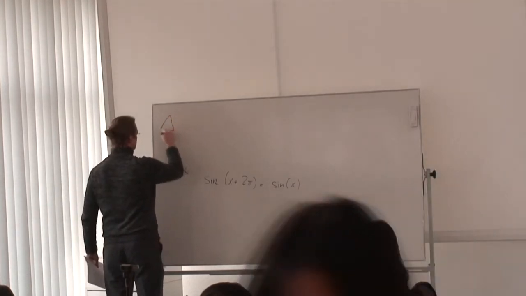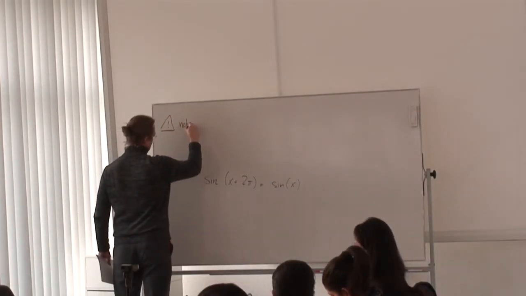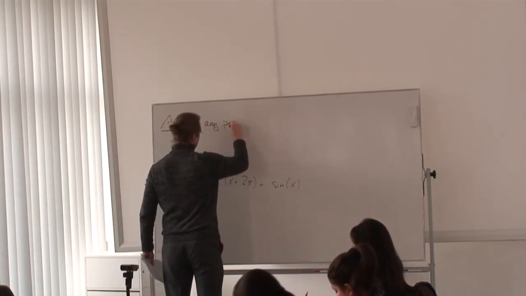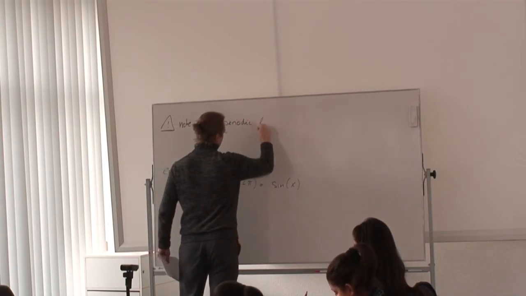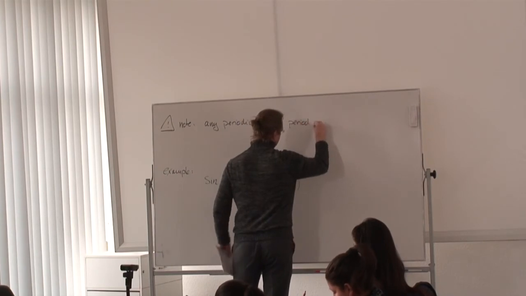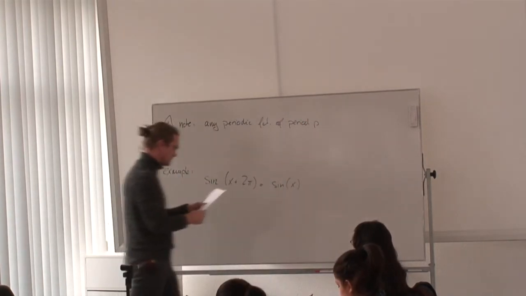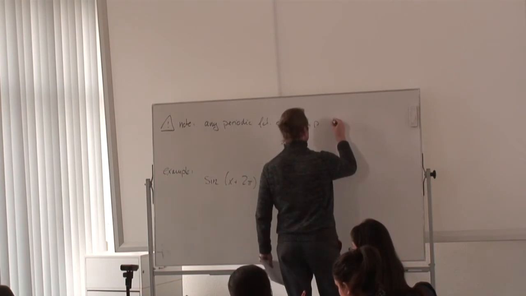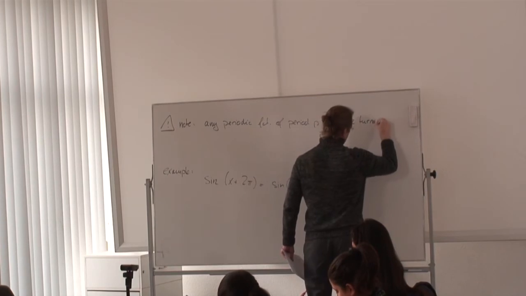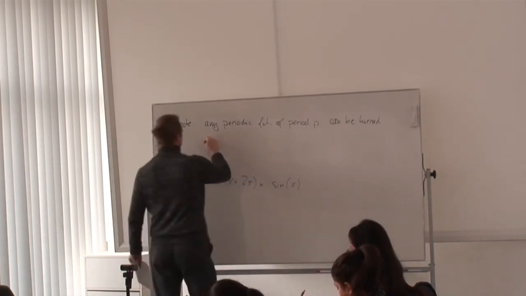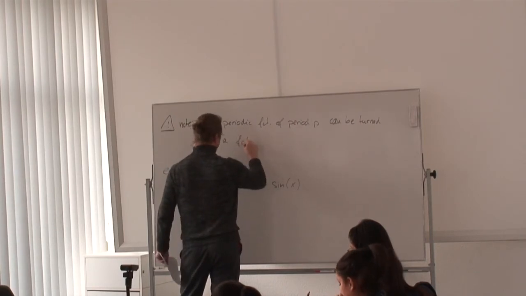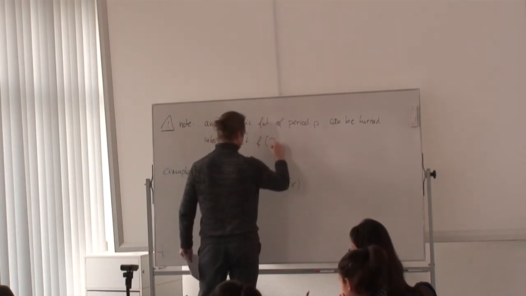So I'll just note that any periodic function of period p, in this example p is 2 pi, can be turned into a function, let's call it function f of lambda x.